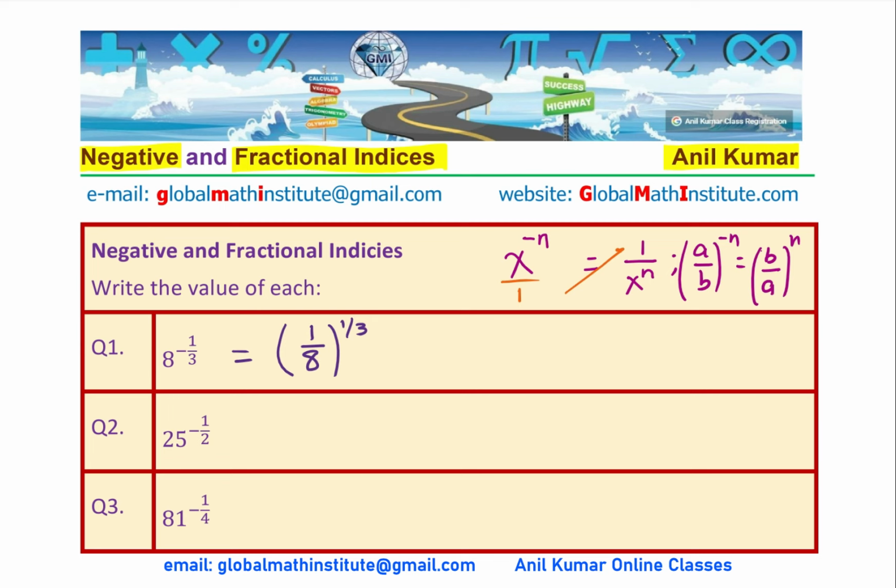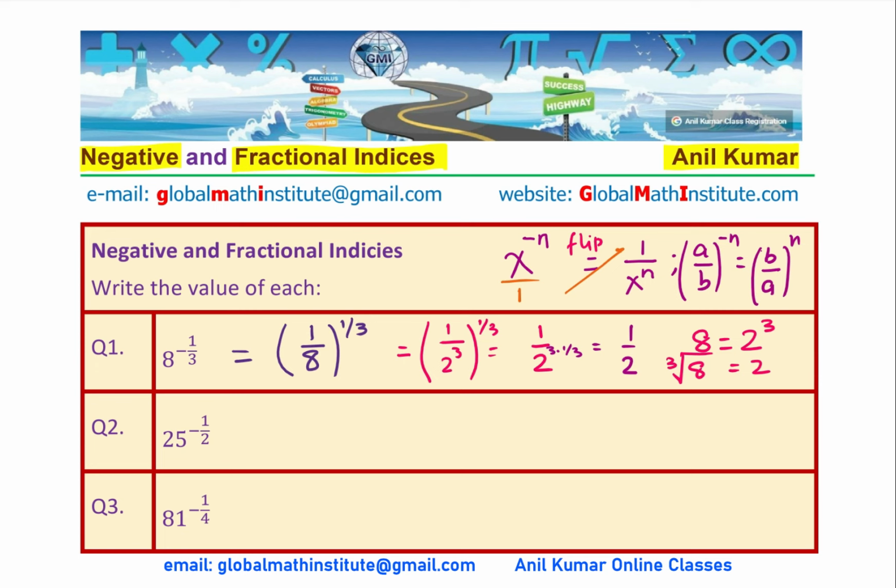Now we have to do the cube root of 8, and you know the cube root of 8 is 2, since 8 is equal to 2 cubed. You could also write 1 over 2 cubed, then to the power of 1 over 3. When you multiply 3 with 1 over 3, you get 1, giving 1 over 2. Basically, you're multiplying these exponents. 3 gets multiplied by 1 over 3, and that gives you the result half. You could think like this while working.